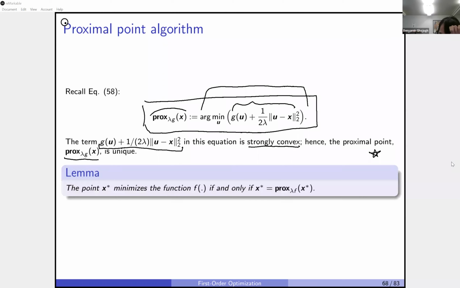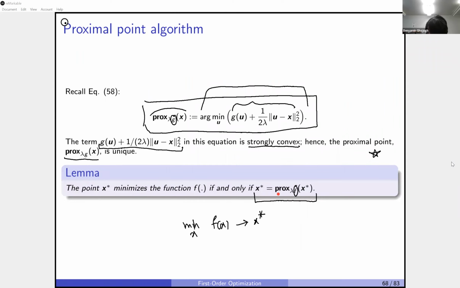Also, there is a lemma. I haven't provided the proof here. So the point x star minimizes the function f if and only if x star equals the proximal mapping of x star with function lambda f. Assume we want to minimize the function f. This is minimized by x star.